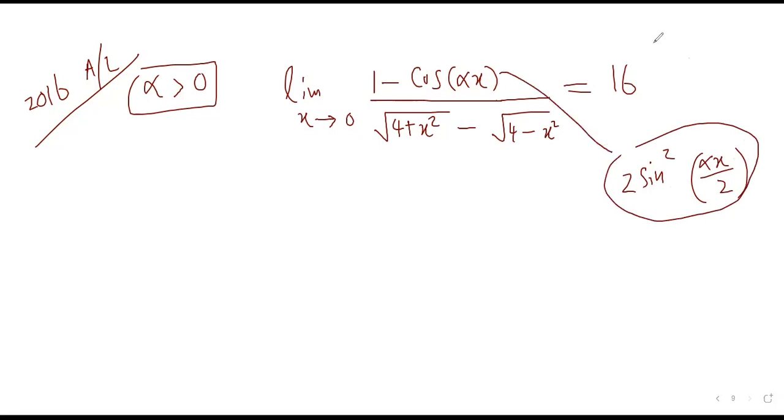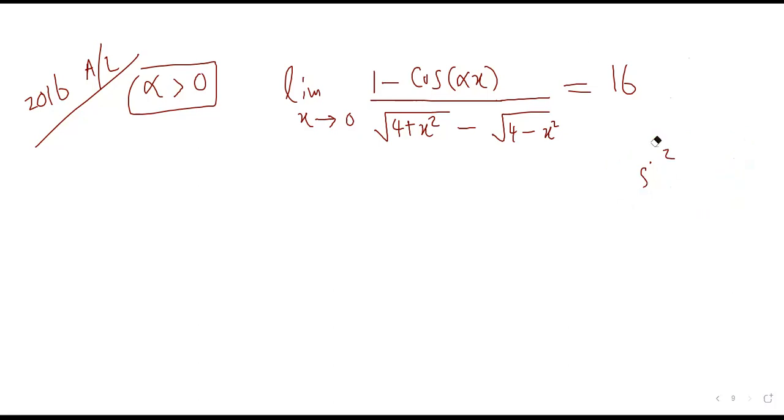Or you can multiply by the conjugate of 1 minus cos alpha x. That is going to be 1 plus cos alpha x. Then this becomes 1 minus cos squared alpha x.